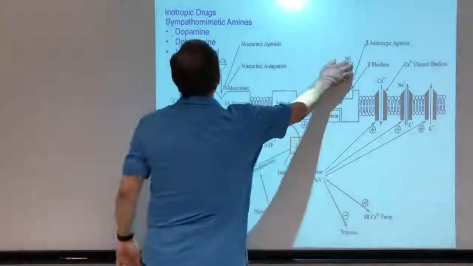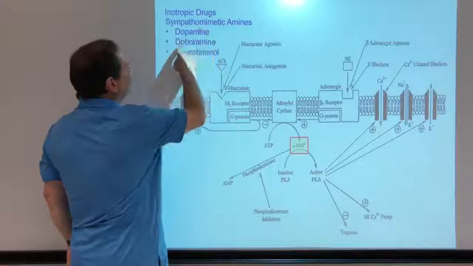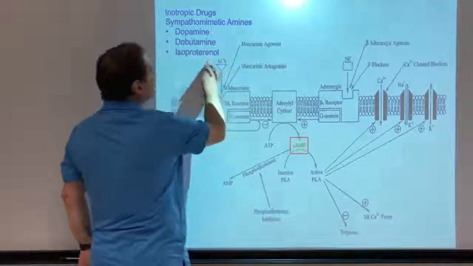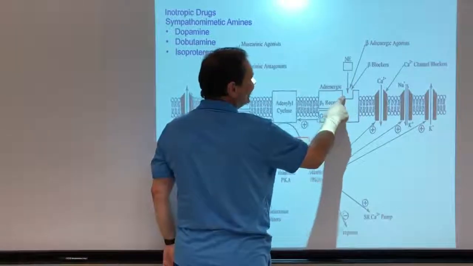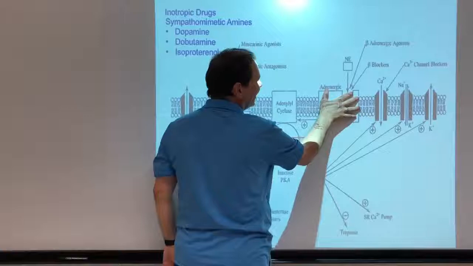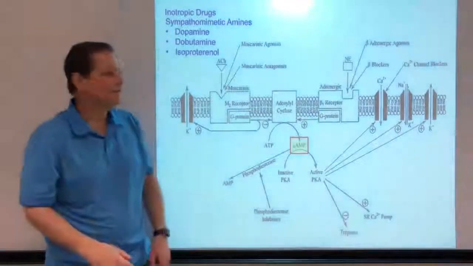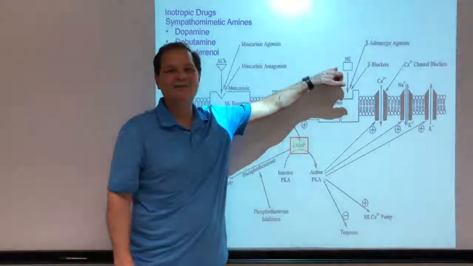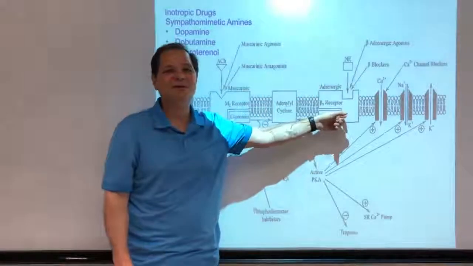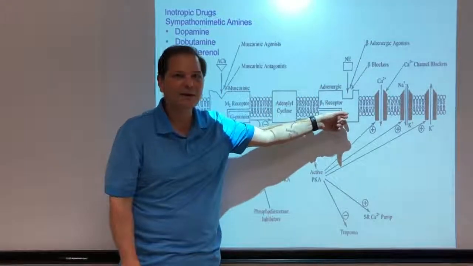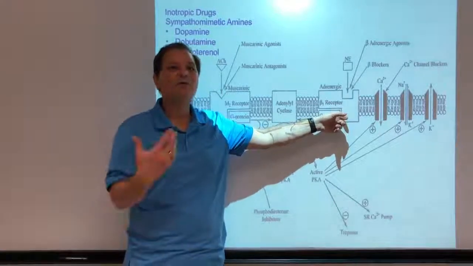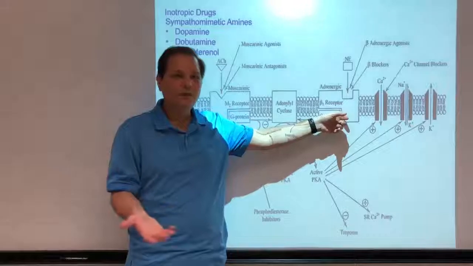So if instead of norepinephrine here, I'm using something like dobutamine, or isoproterenol, probably a great example, the isoproterenol will come in and bind this beta receptor instead of norepinephrine. But the difference being, this is endogenous, the body releases it when it wants. Isoproterenol you give to the patient and you make the heart do what you want. You leverage the physiology of the cell in order to make the heart do what you want it to do.